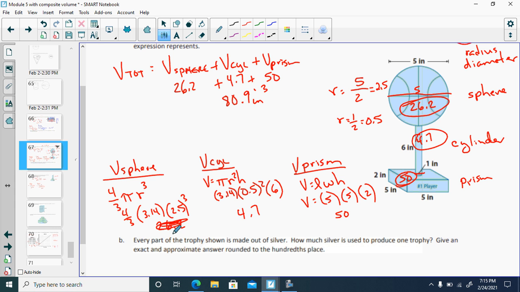And change this. 65.4. I thought I'd messed that up. Let's change this real quick, guys. 65.4 plus 50 plus 4.7 would give me 120.1 cubic inches. This one here is 65.4.